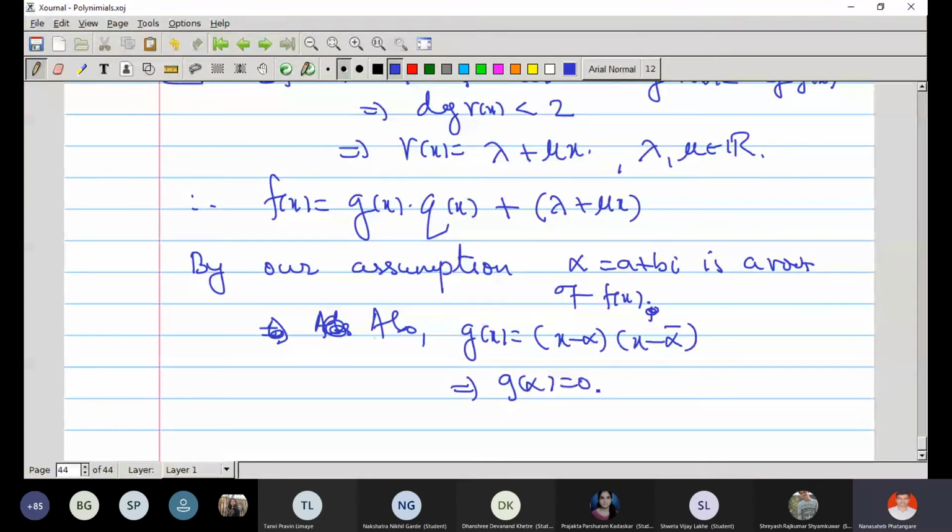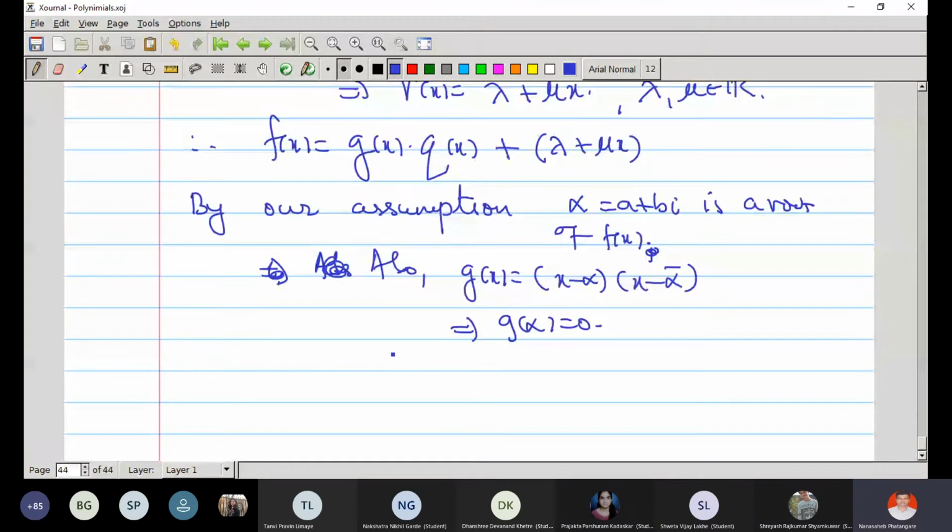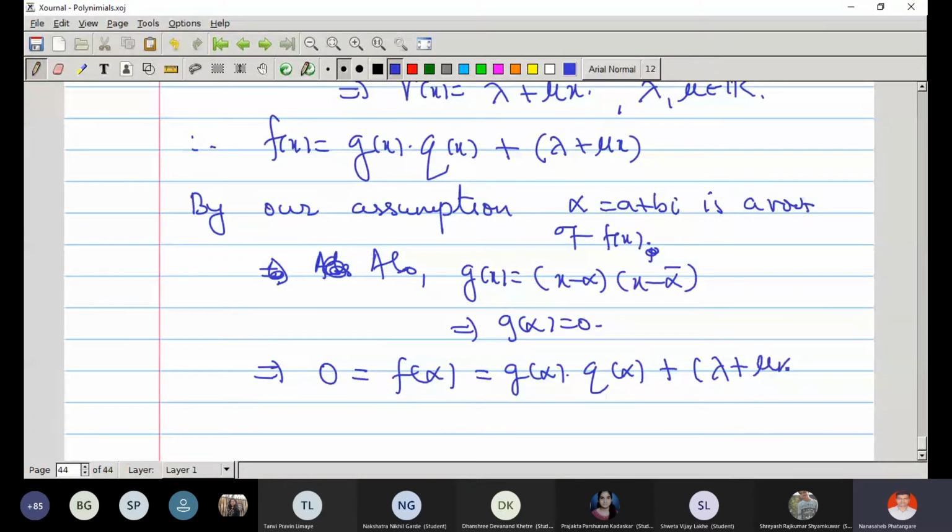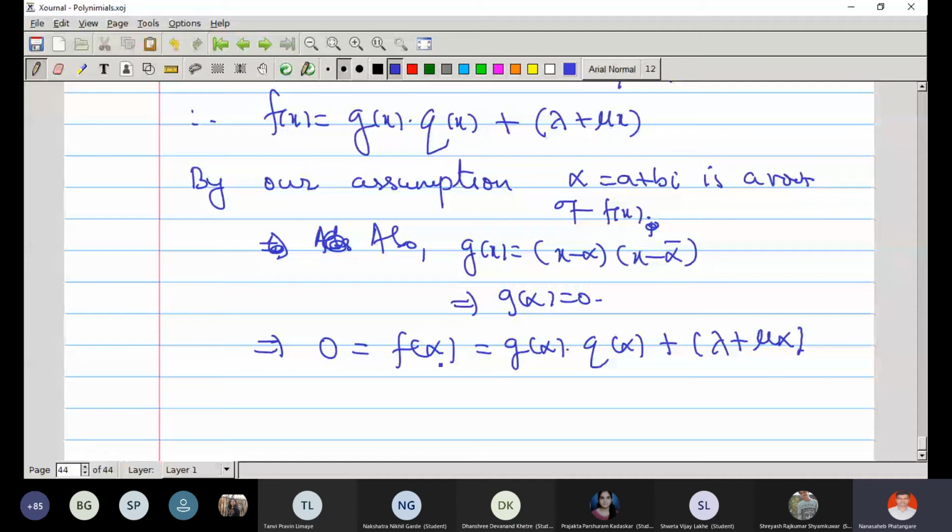Yes. Therefore, f of alpha is 0, but f of alpha is equal to g of alpha times q of alpha plus lambda plus mu times alpha. So the whole thing is 0. But g of alpha is already 0. That means lambda plus mu alpha plus 0 times q of alpha is 0.